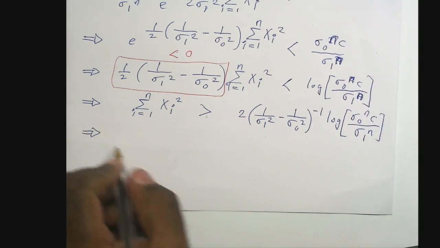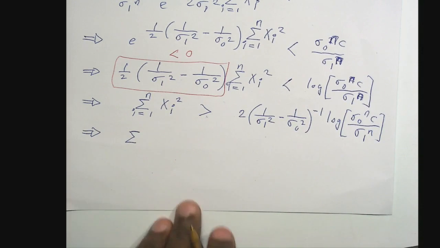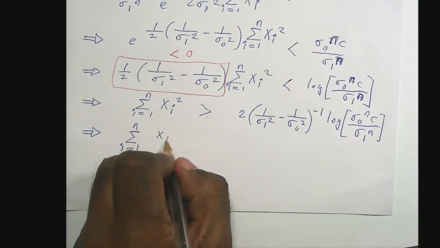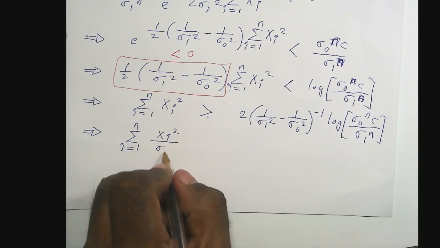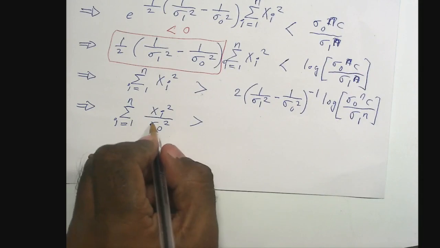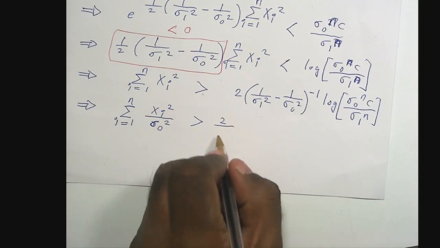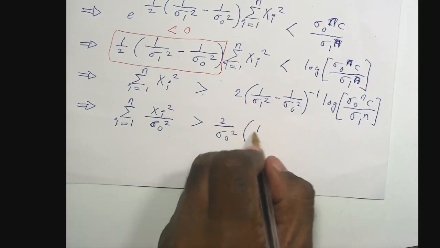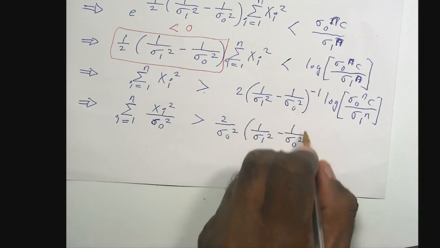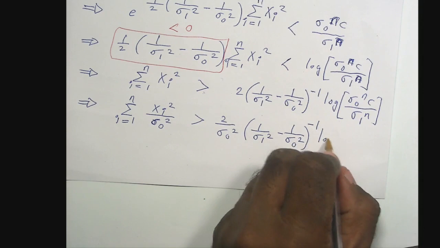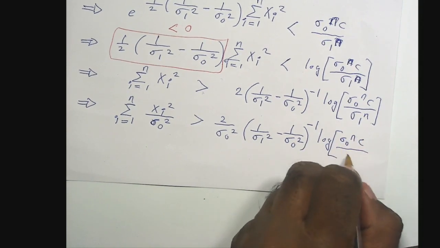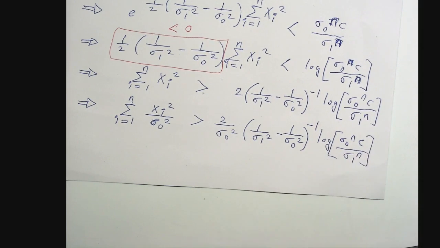Next step, I'm going to divide the left and the right by sigma 0 squared. All right, this is what you will get.